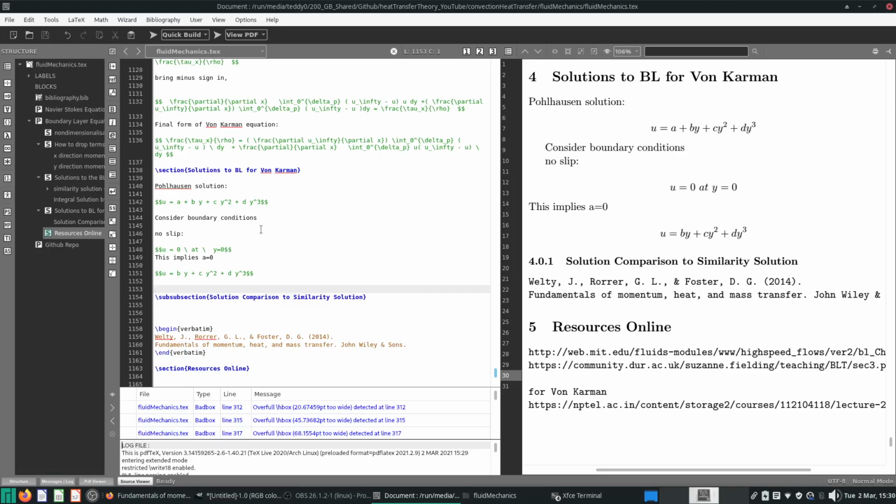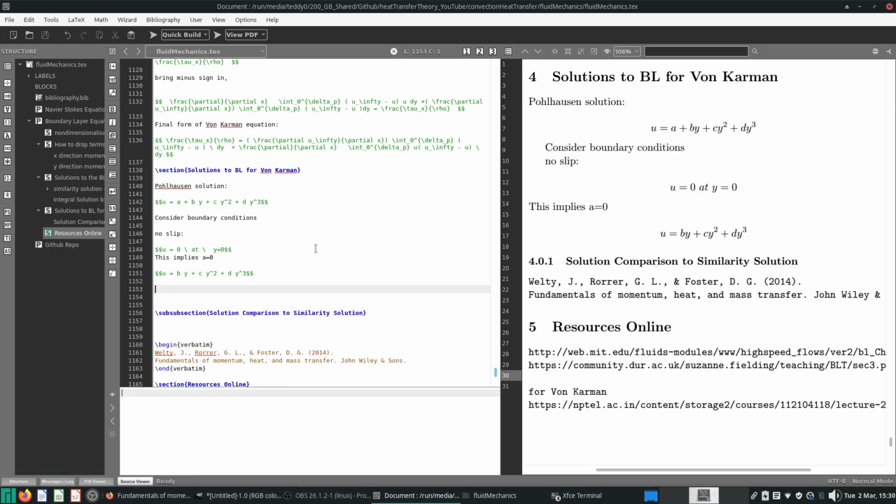The next thing is, as y goes to a very big value, u becomes u infinity. So as y goes to infinity, u equals u infinity.